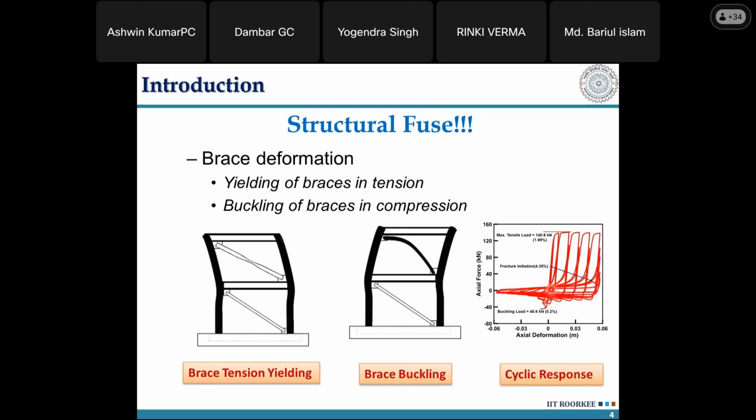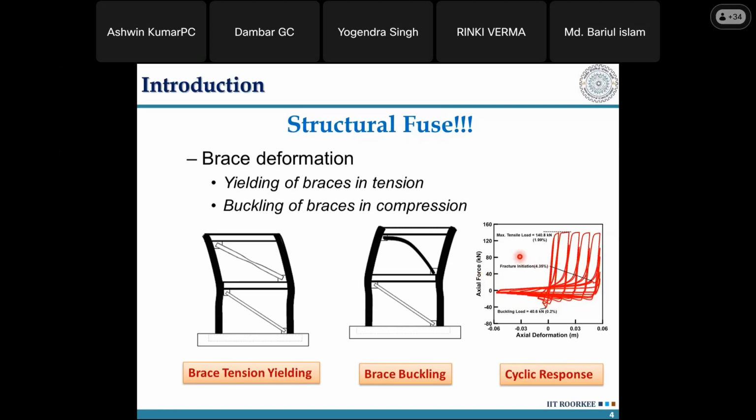So you understand from this figure itself that a brace will yield in tension and buckle in compression in order to dissipate the energy as a fuse element in a CBF system, which means that this curve on the right side is asymmetric in nature, right? You don't have equal energy in the first quadrant as well as the third quadrant. You don't have an equal amount of energy getting dissipated.